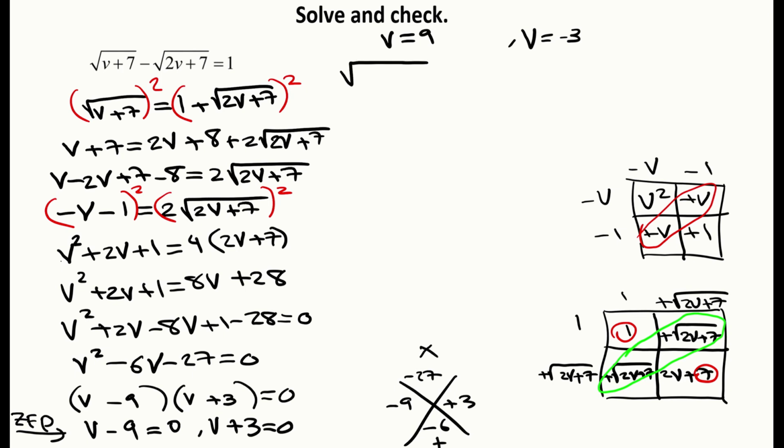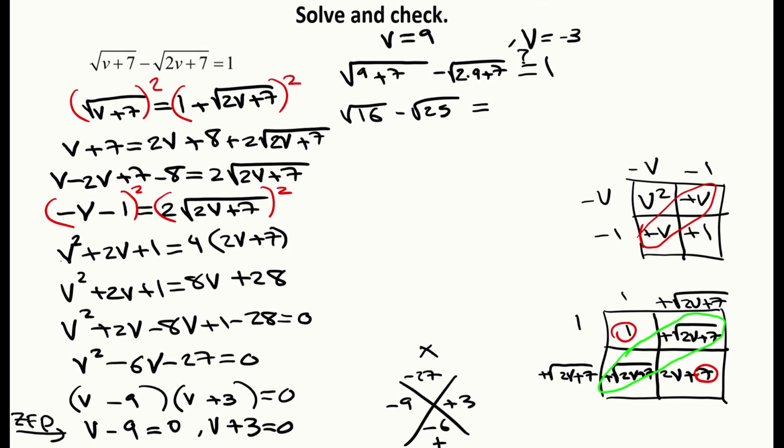So we plug in 9 for v in the original equation, and we end up with the square root of 9 plus 7 minus the square root of 2 times 9 plus 7, and we're trying to see if that difference is 1. So that's the square root of 16 minus the square root of 18 plus 7 is 25.